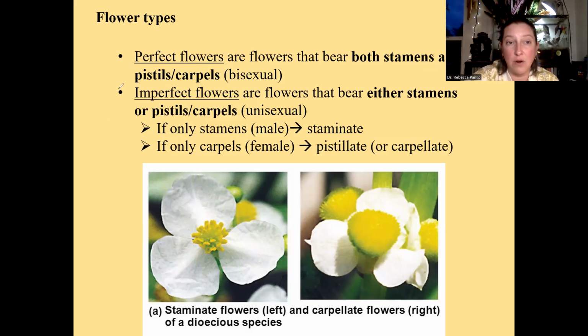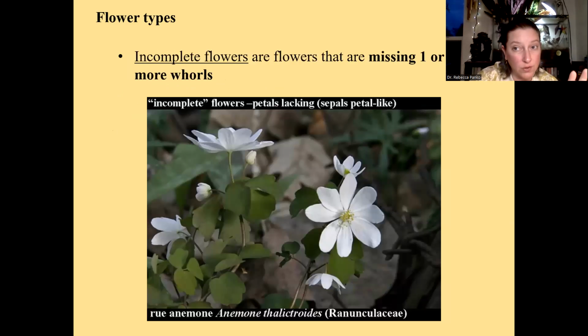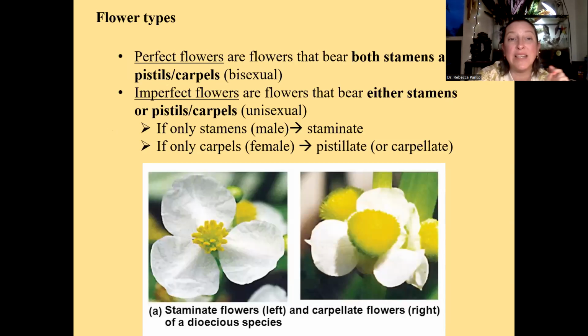Whereas an imperfect flower has either male or female sex structures. So don't get these confused, right? Complete and incomplete refer to whorls. Perfect and imperfect refer only to the whorls that deal with sex structures.